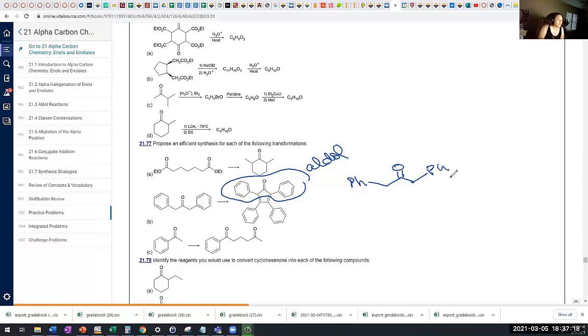So if I take this original molecule and I add some sort of base to it, I'm going to deprotonate at this side. So I'm going to say like sodium hydroxide or LDA, for example. And to remember when we did this, we kind of went forward in terms of figuring out what aldols are. You can figure out how to do that backwards.